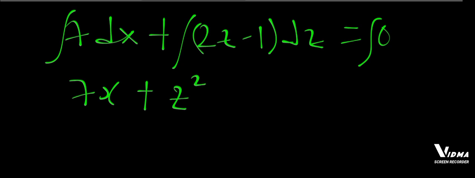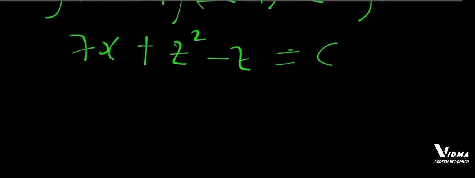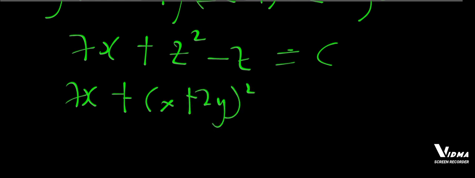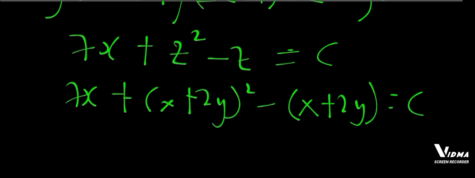Integrating minus 1, I'm going to get minus z, and they are all being equal to c. So at this moment, we can just go ahead and substitute the value of z into the equation. So 7x plus (x plus 2y) squared minus (x plus 2y) being equal to c. So you can then try to expand, or you leave it as this.